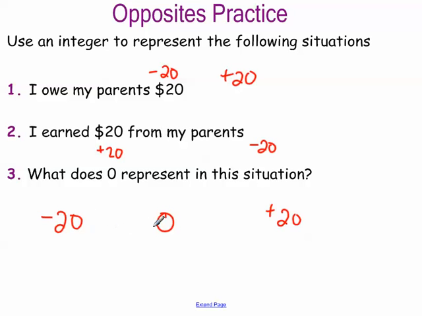So in this case, 0 means I don't owe them any money, but they also don't owe me any, or I haven't earned any money from them. I am at my breaking point. I'm at 0. I have no money here. Have you ever heard someone say the expression, I broke even? That means you're back at 0.